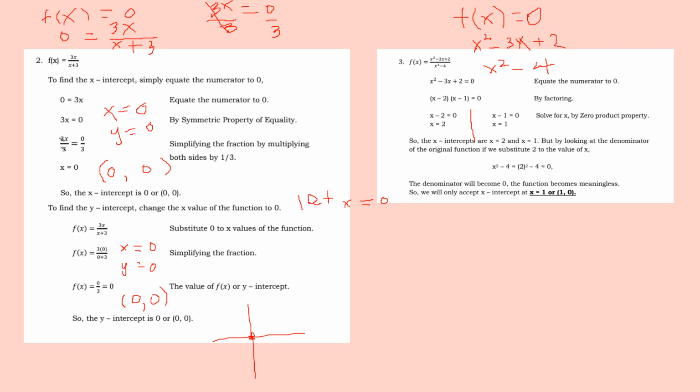Kapag ipinalit mo si 2, 2 times 2 minus 4, so that is 4 minus 4 equal to 0. Hindi pwedeng gamitin natin si 2 as our x-intercept. So, i-testing mo si 1. 1 times 1 is 1 minus 4, that is negative 3. So, pwede si x. Kasi hindi naman naging 0 yung denominator natin.